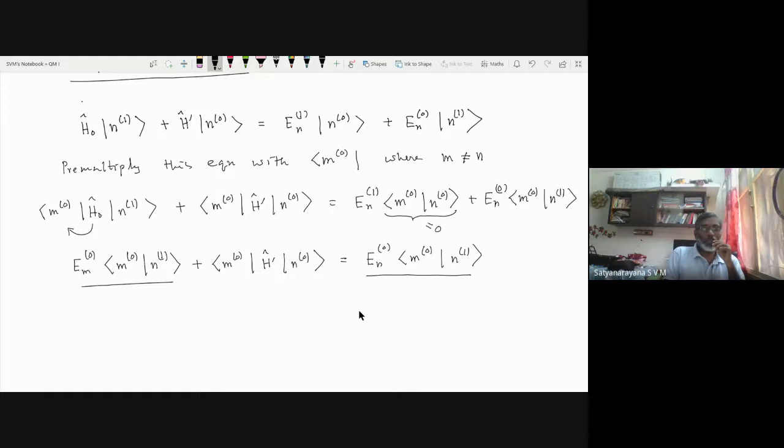So I can write en0 minus em0, minus en0, m0 n1 is equal to m0 h prime n0.